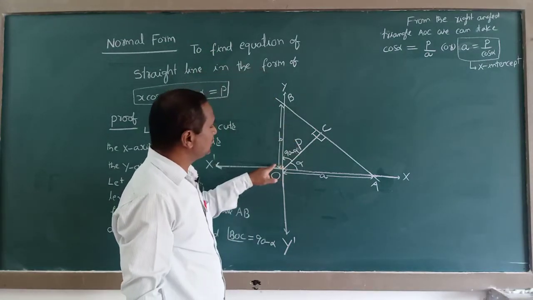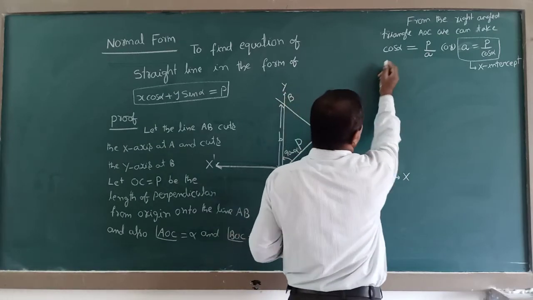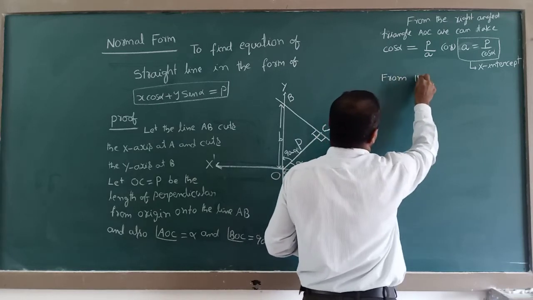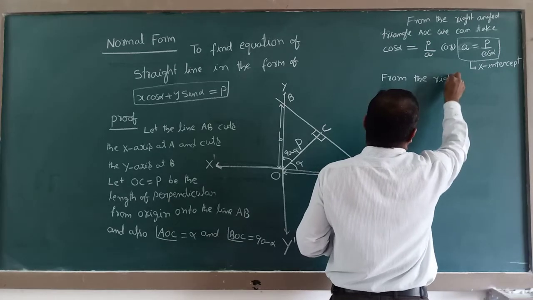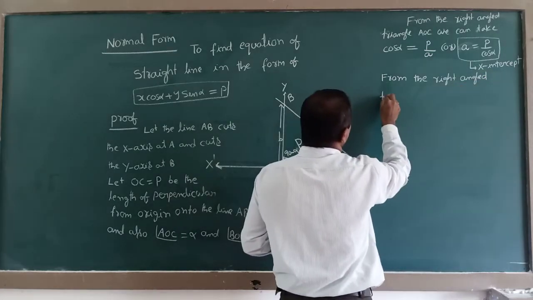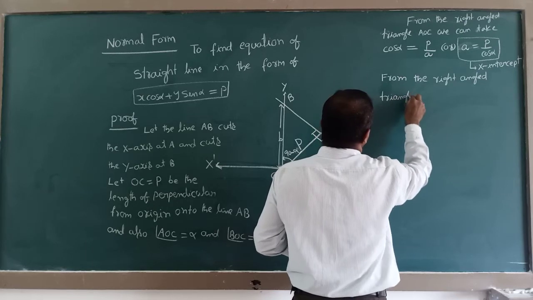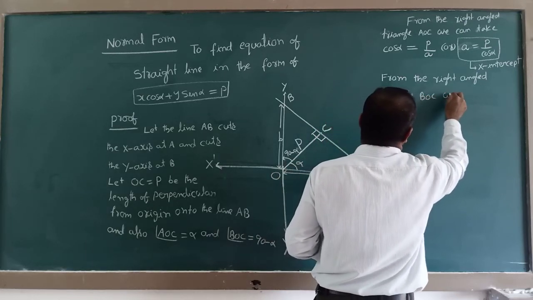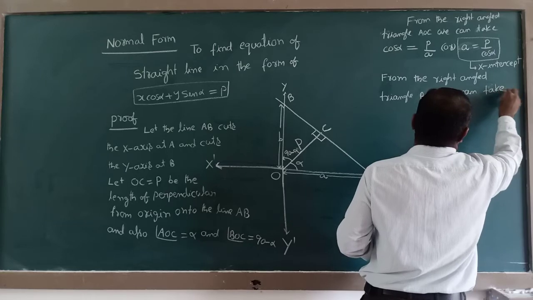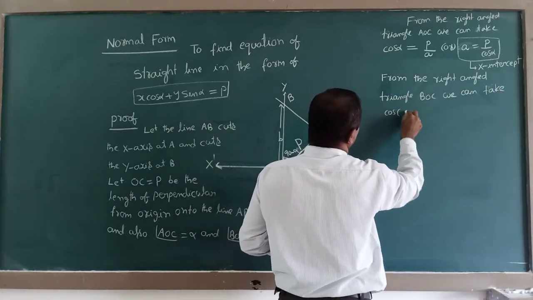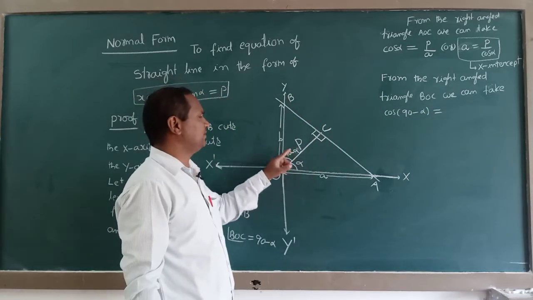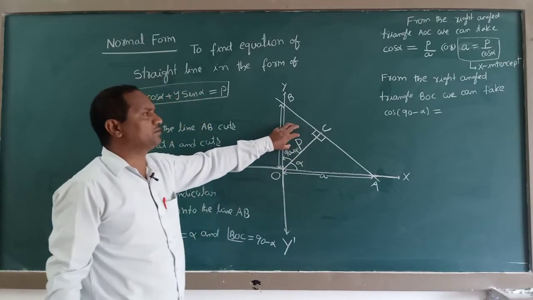And one more right angle triangle is there, BOC or BCO. From the right angle triangle BOC, we can write cos of 90 minus alpha. From this triangle also we have to define the cosine function.